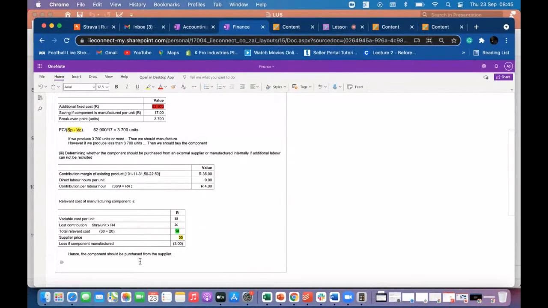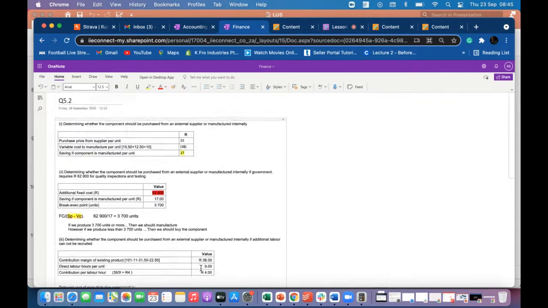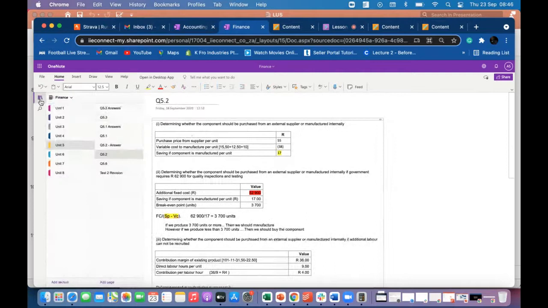Hence the component should be purchased from a supplier. Okay, so can you see now how our relevant costing is helping us to decide whether we should buy or manufacture the product in different scenarios? Okay, so that is your question 5.2.